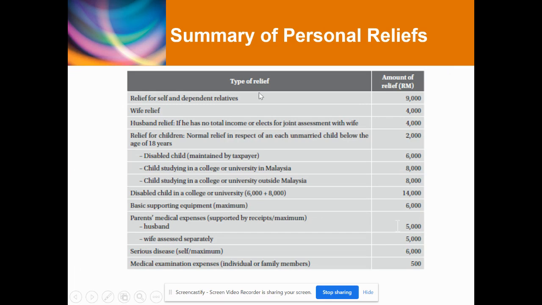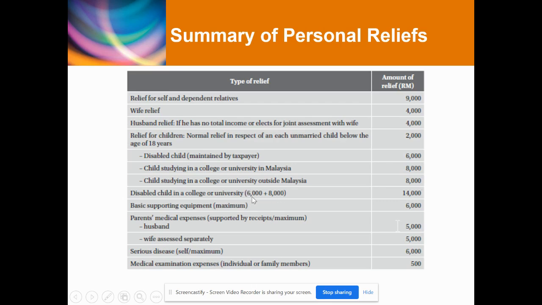All right, so this is a summary of the personal relief. So we can see here, relief for self and dependent relatives, 9,000 ringgit. Wife relief 4,000, husband relief if the husband has no total income or elects for joint assessment with wife. Relief for children, for unmarried child below the age of 18 years old, 2,000 ringgit. Disabled child, 6,000 ringgit. A child studying in college or university in Malaysia, 8,000. Also, child studying in college or university outside Malaysia, 8,000 ringgit.